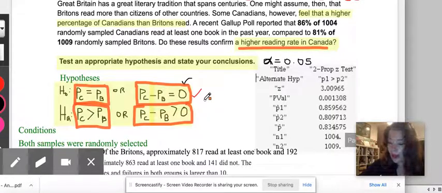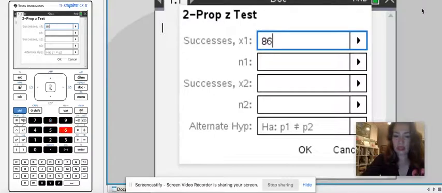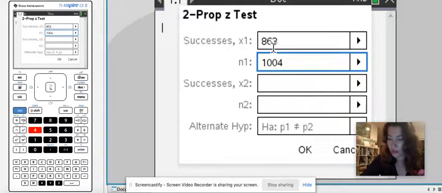All right, once I have my hypothesis statement, I can easily enter my information into the calculator and then get the p-value and all the statistics that I need. So I'm going to enter the first sample as the Canadians, which will be 863 over 1,004. Notice you cannot enter a percentage here, which is why we needed to convert the percentage to a fraction.